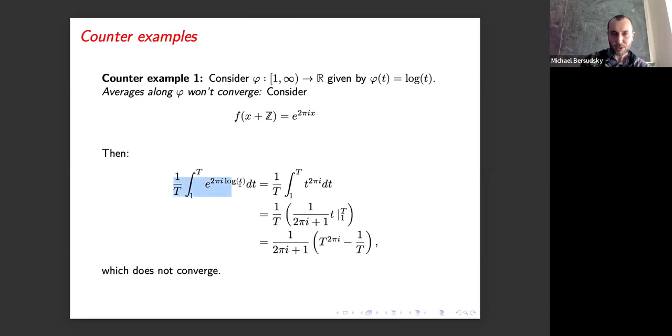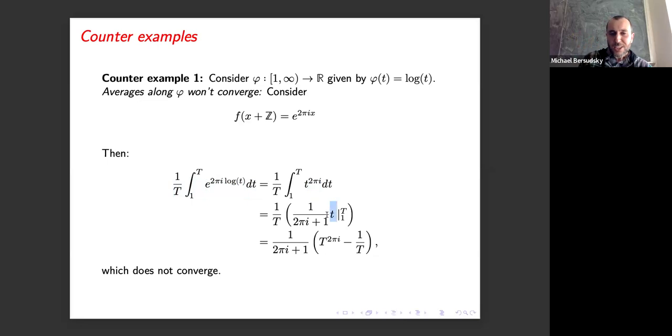So what do we have? We consider this integral. What is this expression? E to the power 2 pi i log t is just t to the power 2 pi i. This is very easy to integrate.